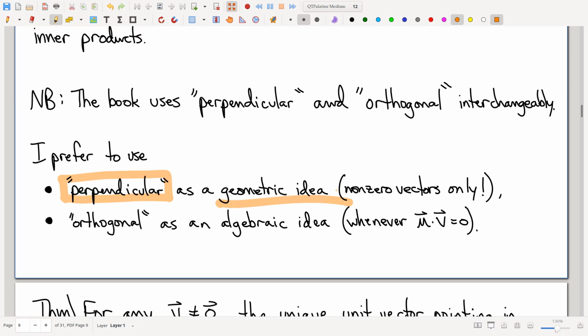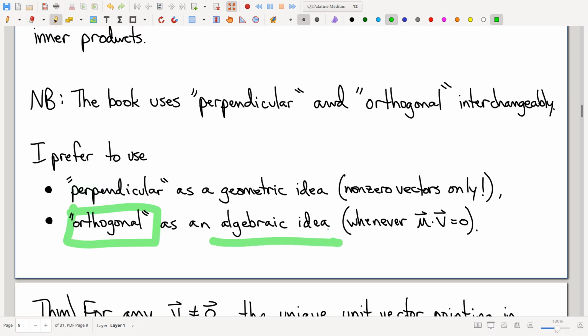Now, let's talk about the word orthogonal. Orthogonal, to me, is an algebraic thing. It's about the dot product being 0, or more generally, if you're doing linear algebra and you're in an inner product space, where the inner product is equal to 0. That's an algebraic thing.